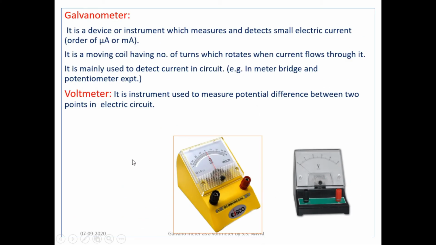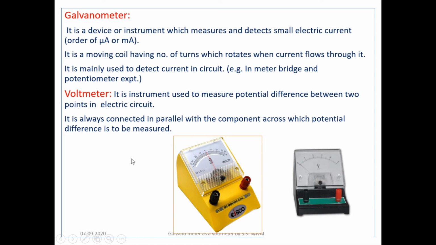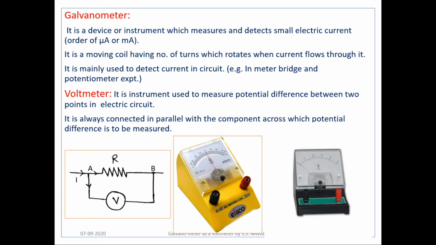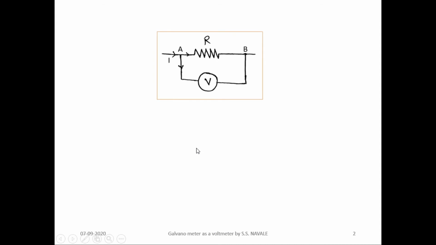Now, when we want to measure the potential difference across any component, we have to connect the voltmeter in parallel with that component as shown in the figure. Here the voltmeter V is connected across this resistance R. Now we have to measure the potential difference between points A and B. Let I be the current provided.